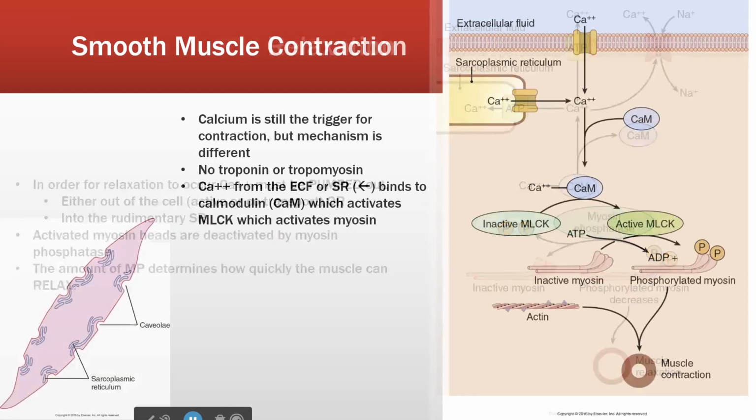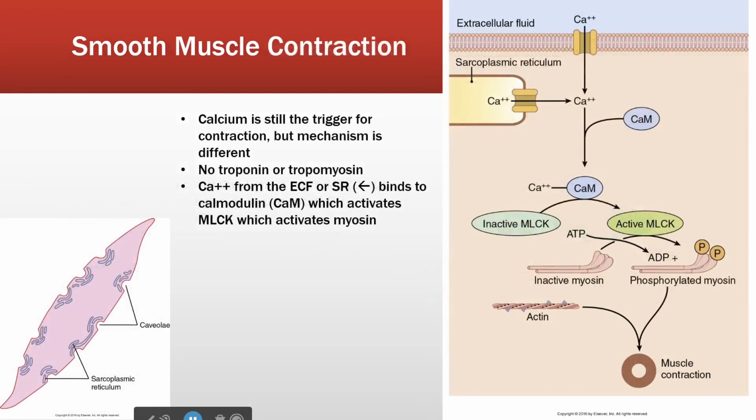Now, one thing that's very true about both of these systems: in skeletal muscle, it's kind of an all or nothing thing, right? The muscle is either contracting or it's not. Smooth muscle, it isn't that clear. You can have sort of a half contraction, because the amount of calcium that enters can vary. So if a cell has a lot of calcium enter, it's going to contract really strongly.